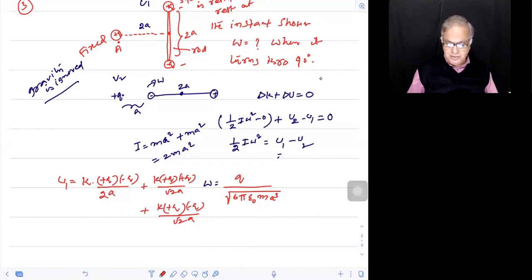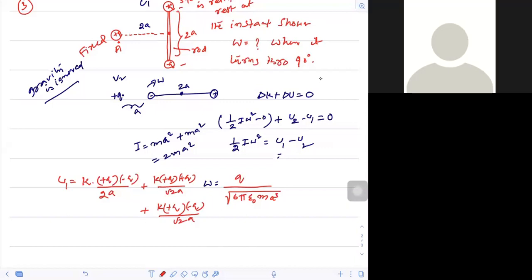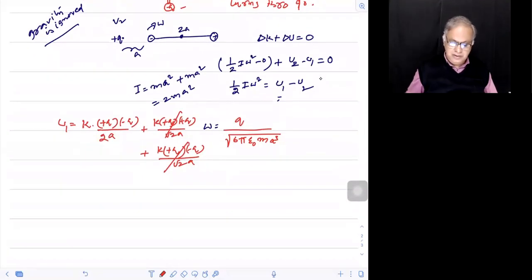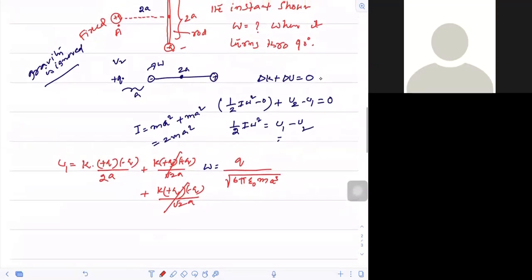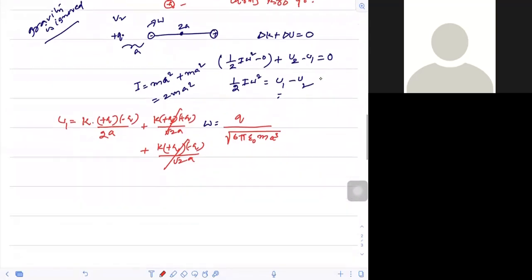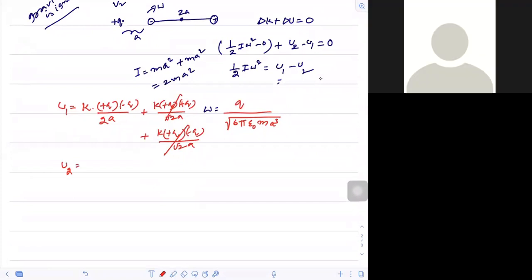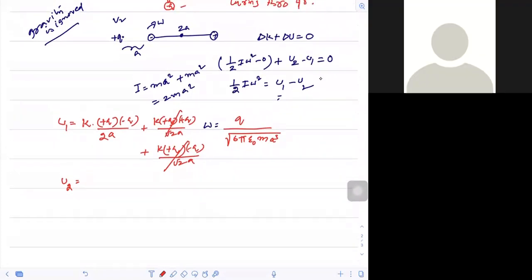Okay. So what is happening? They're getting cancelled. The last two. Second and this third one is getting cancelled. So U1 is there. Yes. So U2. U2 again K plus Q. This will be there as usual.